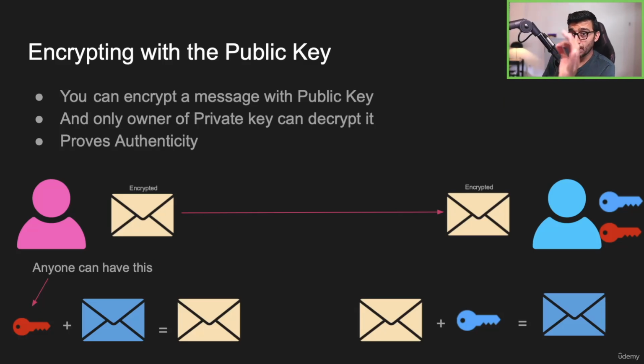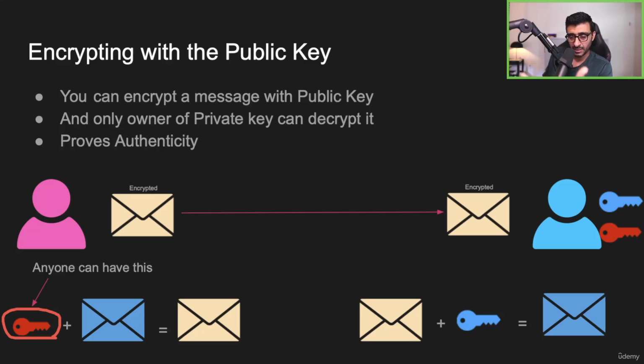When we encrypt with the public key, I can prove the authenticity of the receiver. So anyone can have this public key. You can safely share this red key with anyone. You can publish it, post it, and say, hey, if you want me, this is my public key, and you can use it to encrypt a message and send it to that guy.